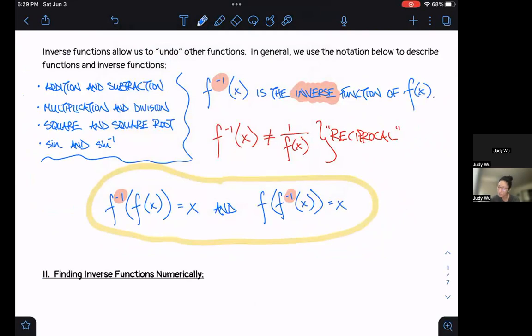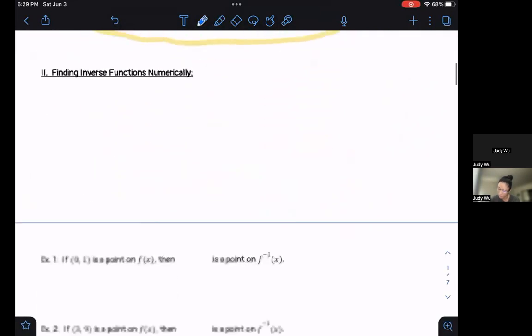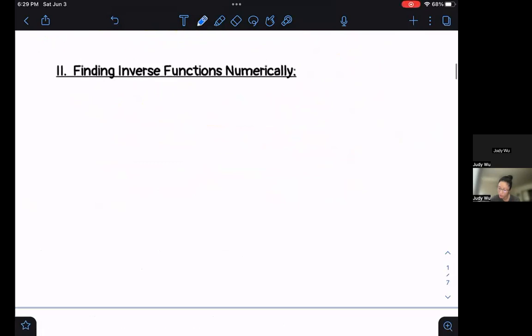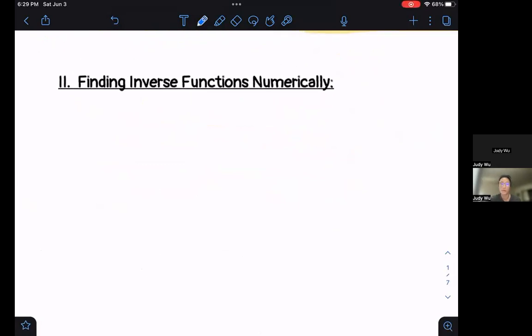All right. So knowing that, let's move on to finding inverse functions numerically. All right, so how do we find them using a number?